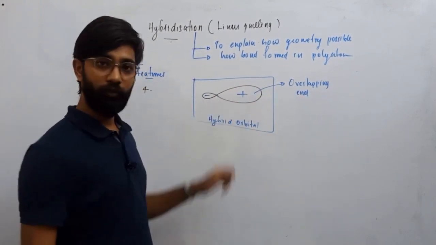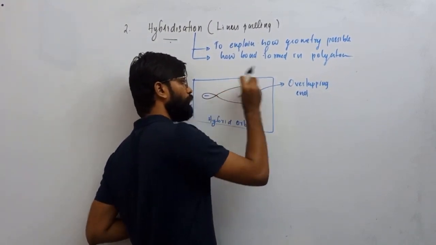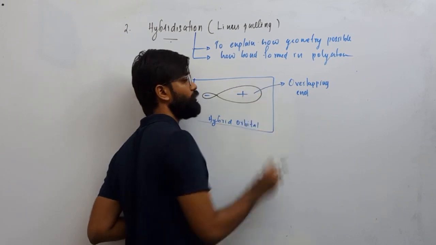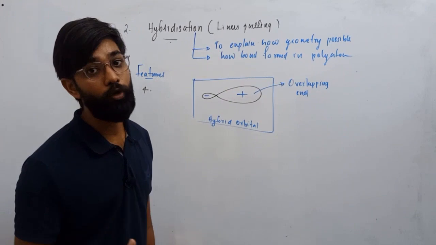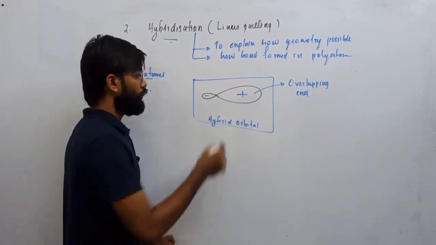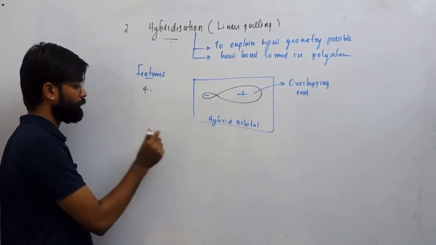If this is the overlapping end, it has the maximum size, which means it can produce a greater extent of overlapping, so the bond will be stronger. So the next point: this is the shape of a hybrid orbital.